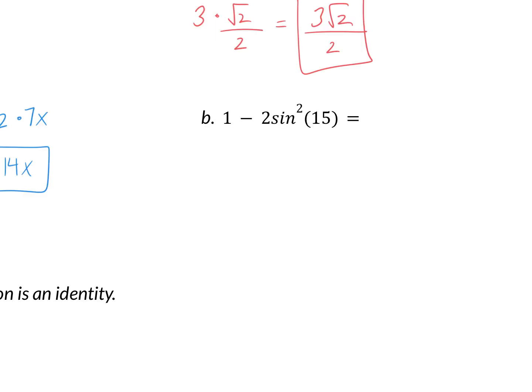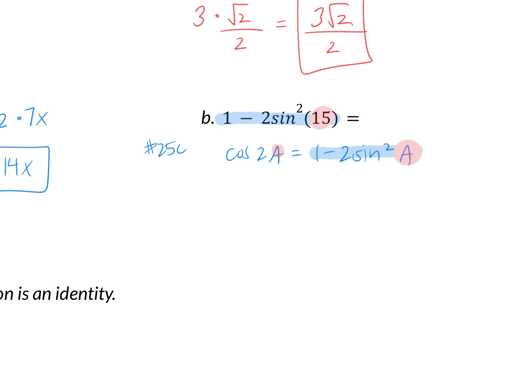What does letter B look like? Which formula? 24, 25, or 26? 25. And the third one, right? So this is like 25C, I'm going to call it, where I've got cosine of 2a is equal to 1 minus 2 times sine squared of a. That's my formula. Okay, so this thing right here looks exactly like the right-hand side, right? Where my a value is going to equal 15.